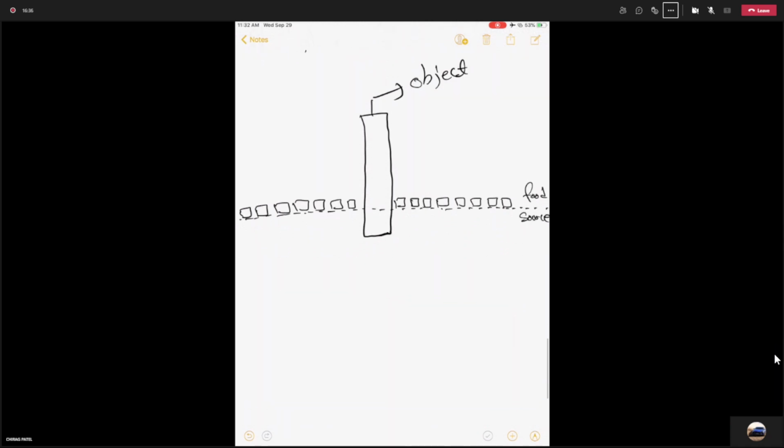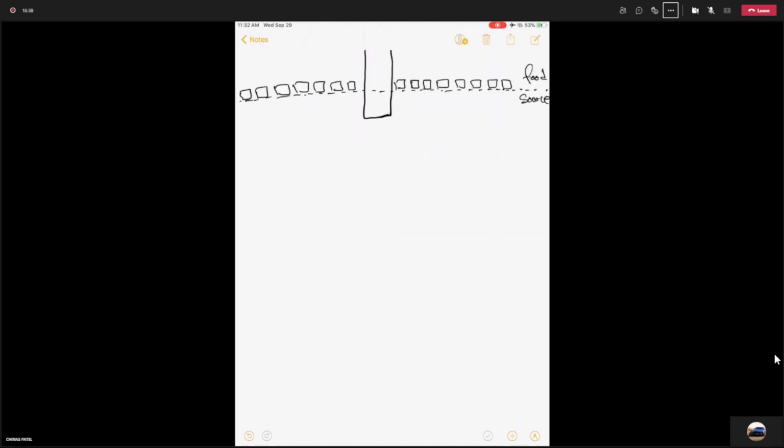So what happens if we redraw the figure? Then you will find out exactly. This is your trail, this is your object. Now, ants will follow both the paths.